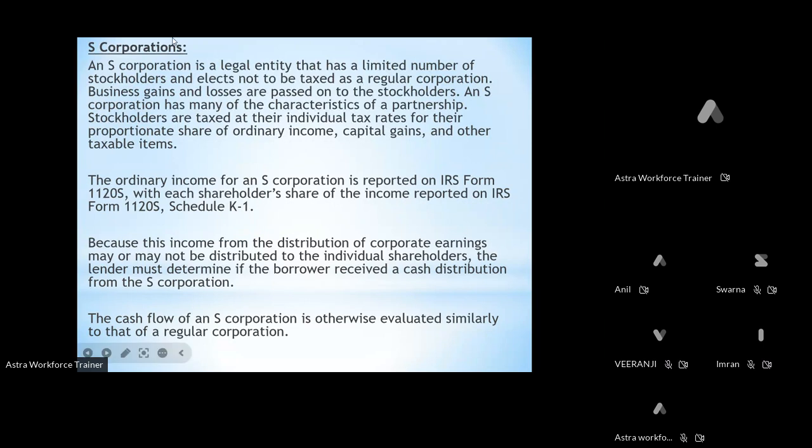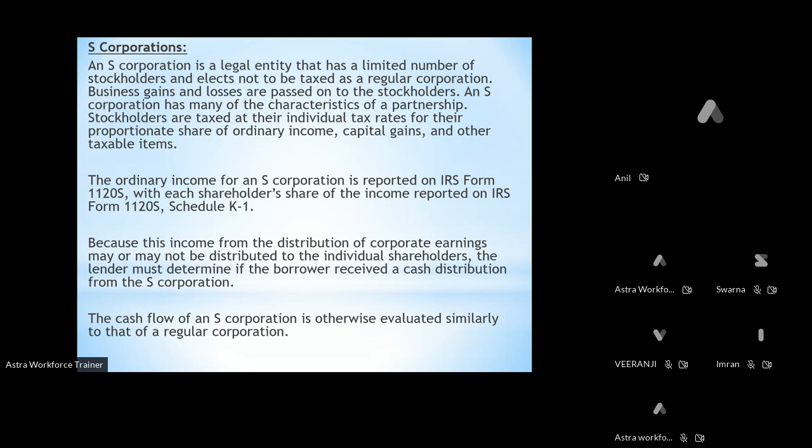Can someone please start reading this? Yes, sir. An S corporation is a legal entity that has a limited number of stockholders and elects not to be taxed as a regular corporation. Business gains and losses are passed on to the stockholders. An S corporation has many of the characteristics of the partnership. Stockholders are taxed at their individual tax rates for their proportionate share of the ordinary income, capital gains, and other taxable items.